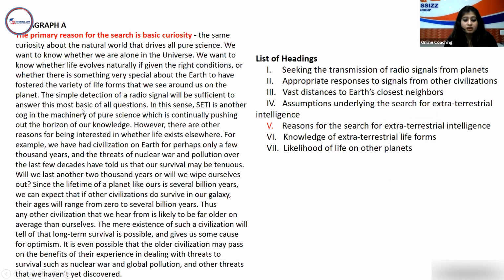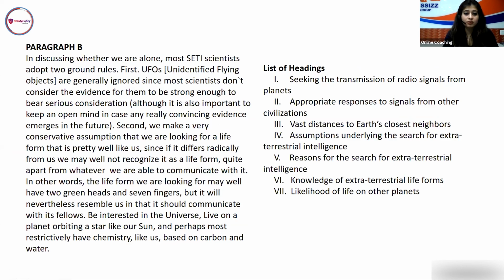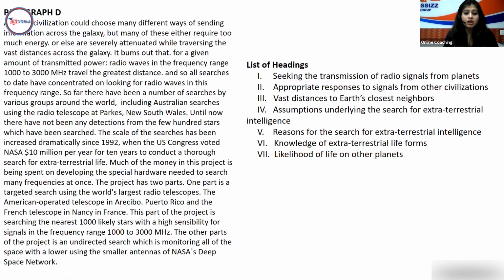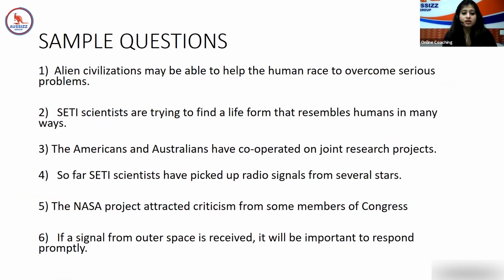The mere existence of such survival will tell us that long-term survival is possible and gives us some cause for optimism. Again, something positive. It is even possible that the older civilization may pass on the benefits, warnings of threats such as nuclear war, global pollution, and other threats that we haven't yet discovered. Okay, so in a way, alien civilizations will be able to help us by giving us warnings, by giving us optimism. So here, alien civilization may be able to help human race overcome serious problems.